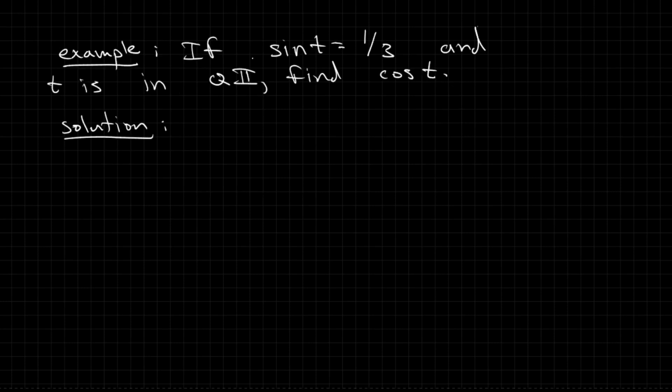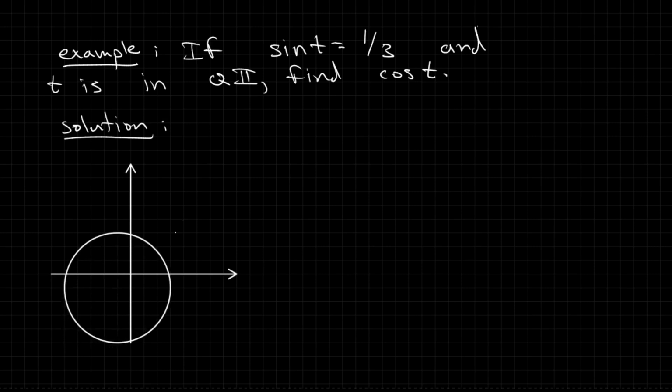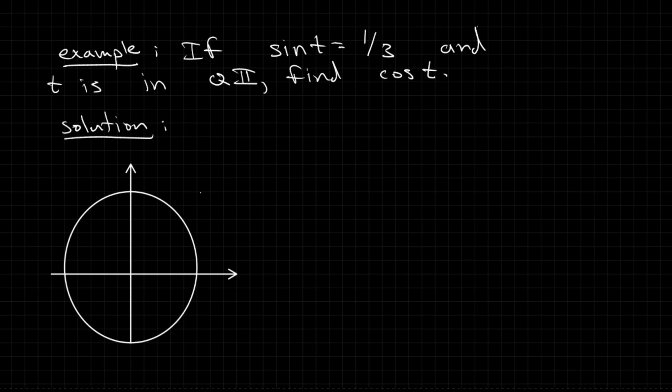So if sine of t is 1/3 and t is in quadrant 2, let's find cosine of t. Now, when I solve these types of problems, I like to do a visualization. So I draw a circle, and I like to draw a picture of what information is being given to me.